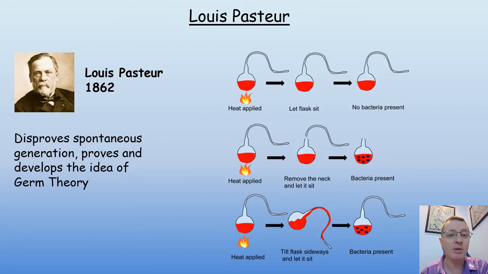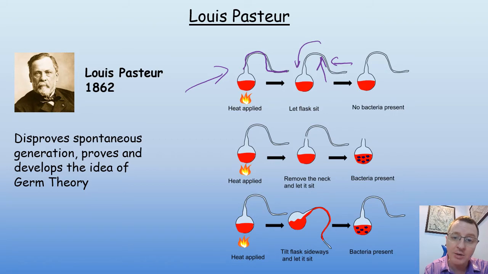So here is Louis Pasteur's experiment which disproves the spontaneous generation of bacteria and microbes. He took a swan neck flask, and you can see here this is the neck of the flask. It's a glass apparatus which has a particular curve on the neck, and this particular curve means that air can enter the neck, but it is unlikely to go up and down and into the actual flask.